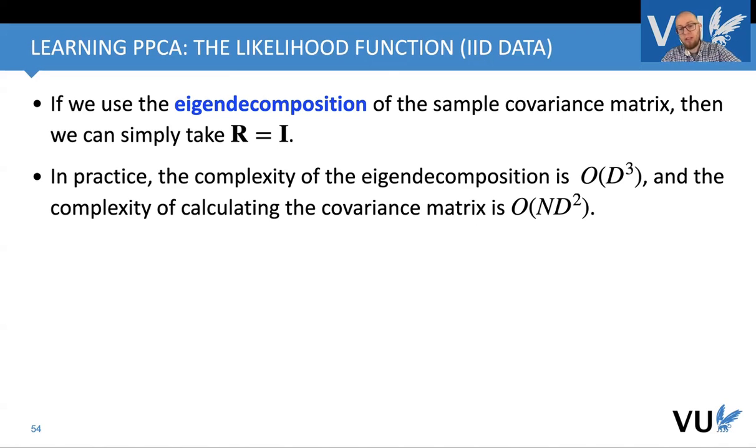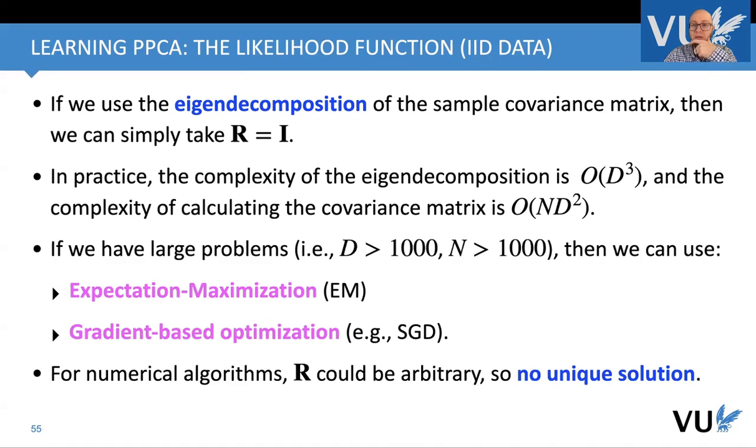So you see that for high dimensional problems, this will be a big issue, or for many points, this could simply be intractable. For large problems, let's say more than 1,000 dimensions, more than 1,000 points, or, I don't know, 10,000 points, it will not easily fit into the memory of our computers.